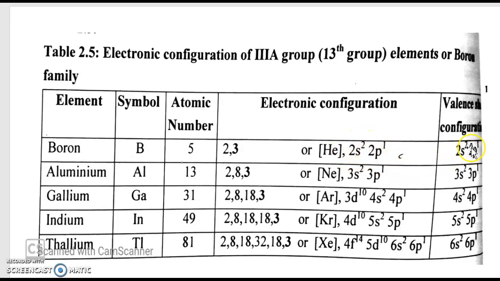The total number of valence shell electrons is equal to 3. Except for boron, they form the hydrated ion readily in aqueous solution due to a very large value of hydration energy.